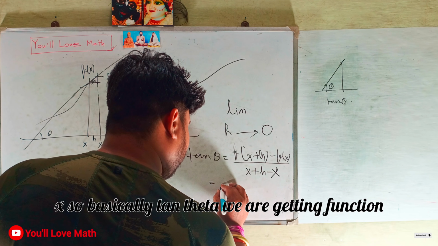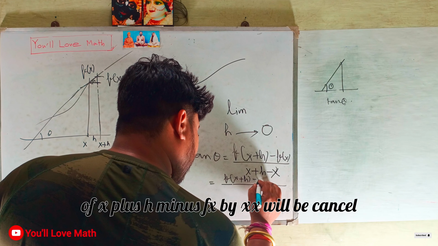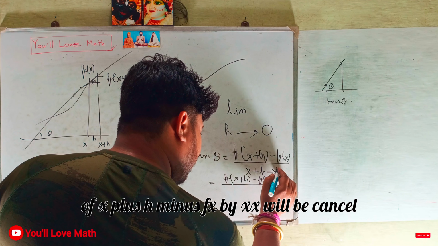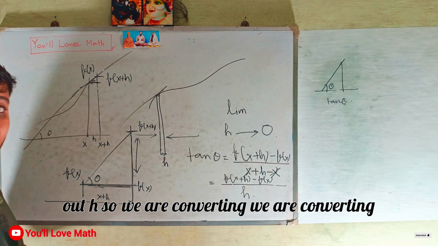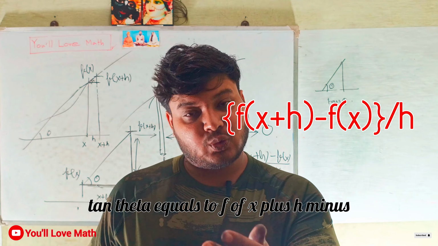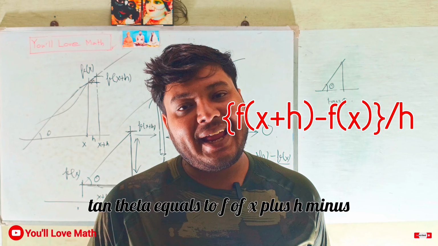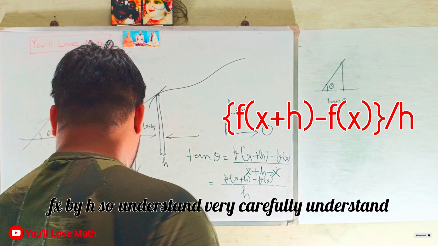So basically tan theta we are getting as f(x plus h) minus f(x) over x plus h minus x, where x cancels out, leaving h. So we are converting tan theta equals f(x plus h) minus f(x) by h.